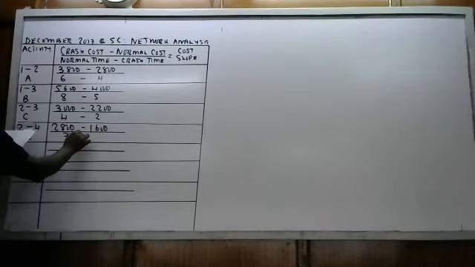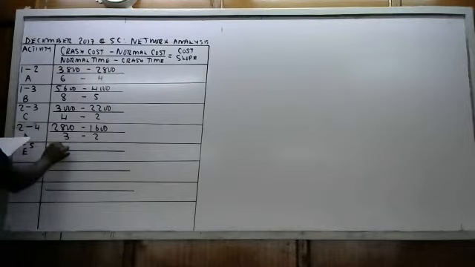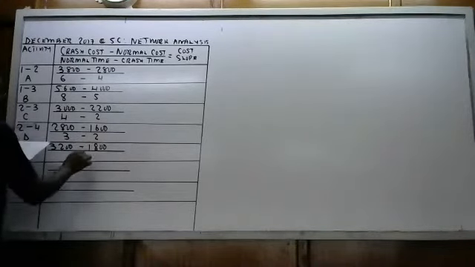So we have 3 and 2. Then E, which is 3 to 5, equal to 3,200 and 1,800.